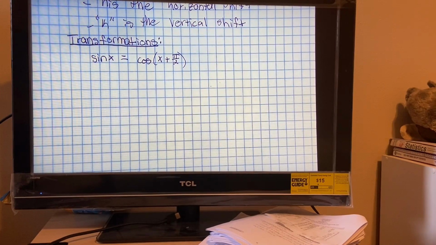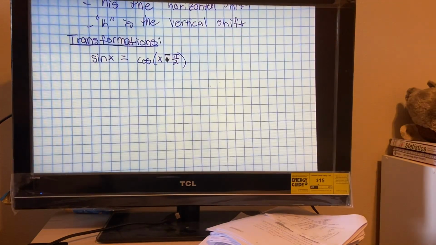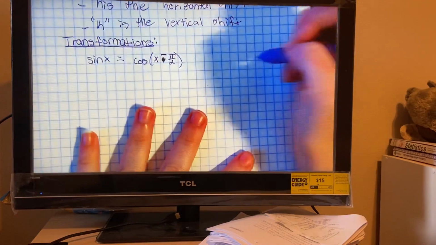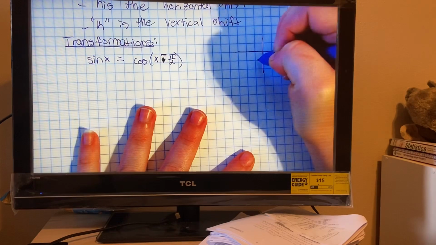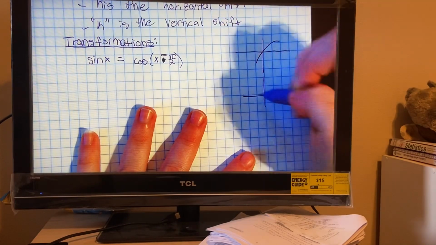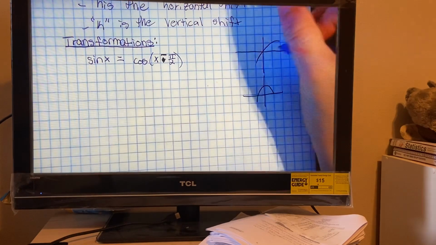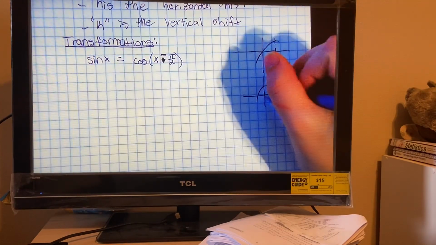Is it? No, it's minus. I'm sorry, the sine is the cosine moved to the left. I have to graph this. This is very confusing to do in my head. Okay, so sine, cosine, and this would be my pi over 2, this one's 0.